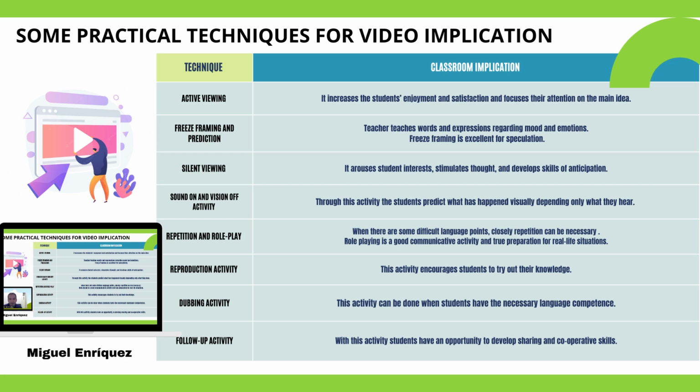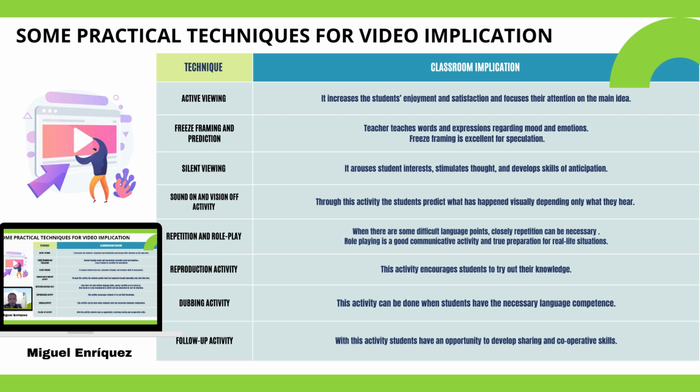Silent viewing consists of using the video but without audio. Students need to describe what happened in the video. It arouses the students' interest, stimulates thoughts, and develops the skills of anticipation.